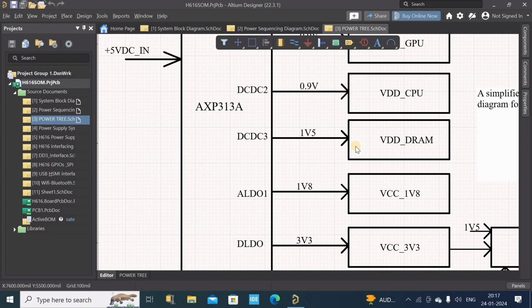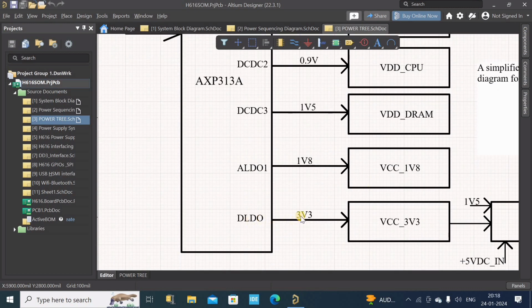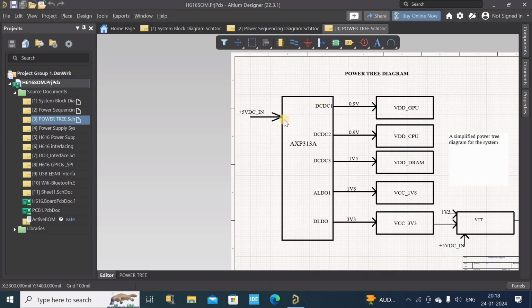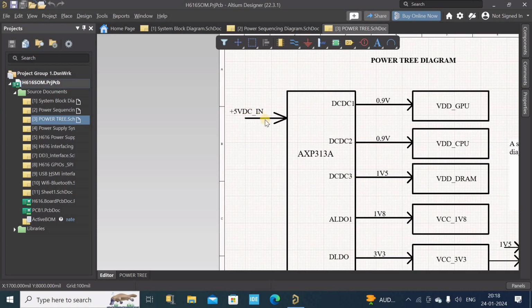This is going to be used for powering both the SDRAM controller of our SoC as well as the SDRAM chips, which are DDR3 in our case. Then we have ALDO 1.8 volt, and then DLDO for 3.3 volt. These two are LDOs. This power management IC is powered with 5 volt DC in.